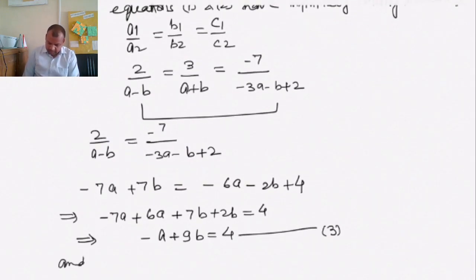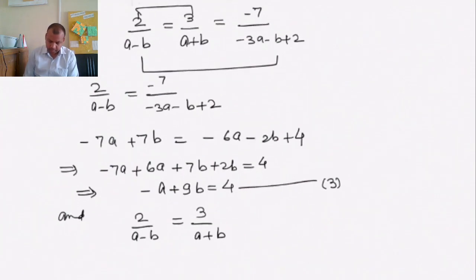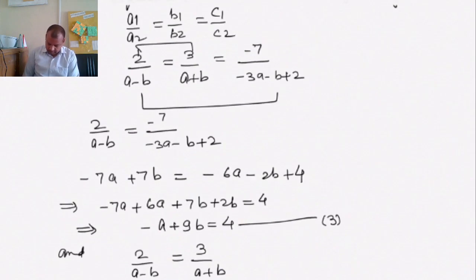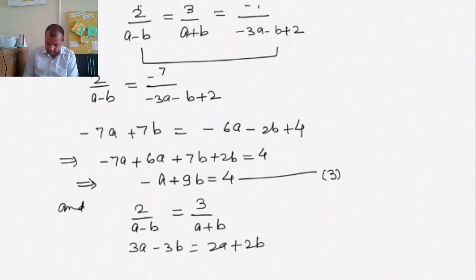And if we take first two terms, we have 2 upon a minus b equals to 3 upon a plus b. So on solving, we will get 3a minus 3b is equal to 2a plus 2b.